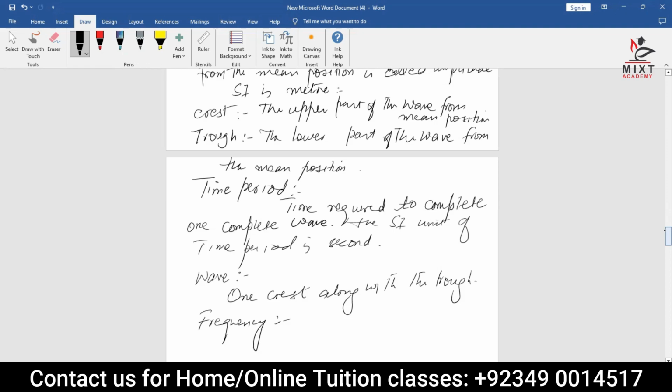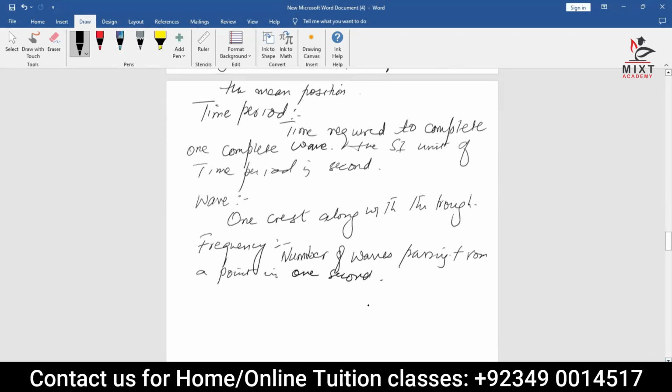Remember that when you're talking about a frequency, it means the number of waves passing from a point in 1 second. So number of waves passing from a point in 1 second is called as frequency.